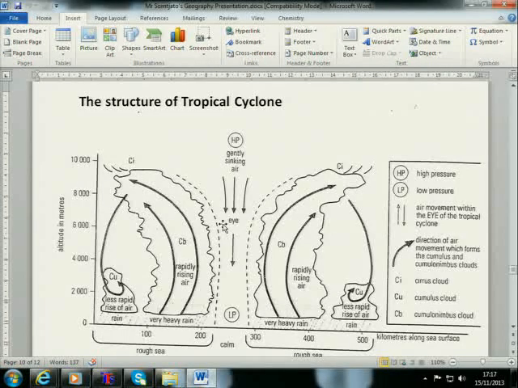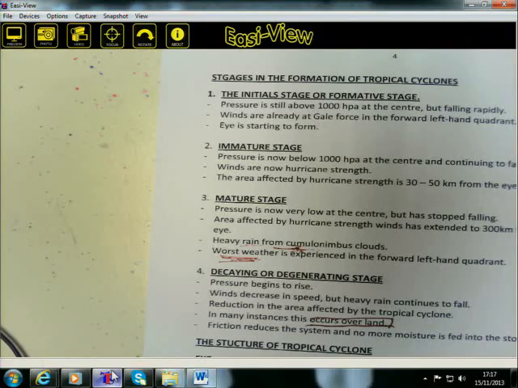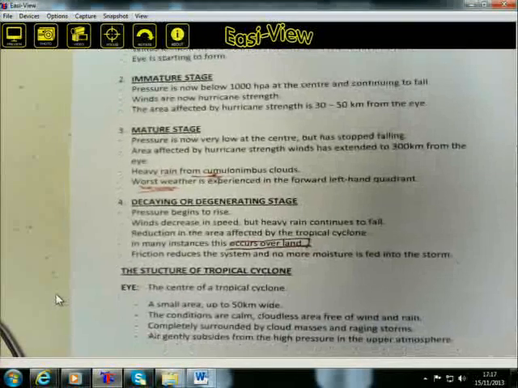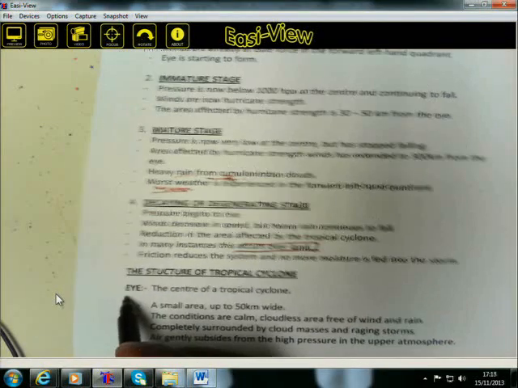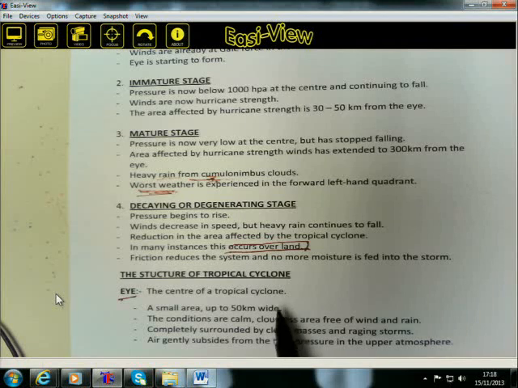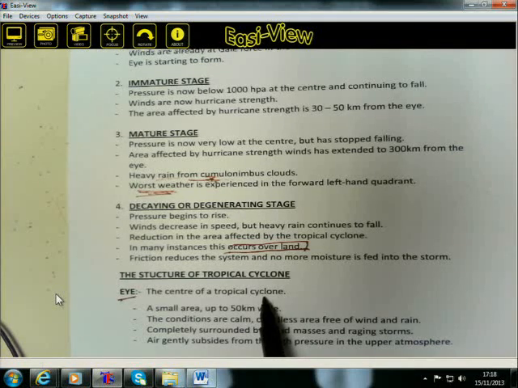The center of the tropical cyclone is called the eye. Look what happens at the eye. The eye is the center of the tropical cyclone.